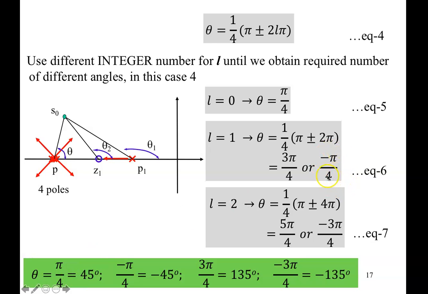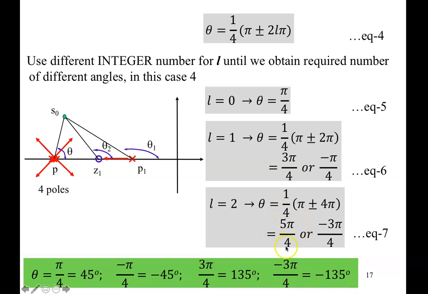I get minus pi over 4, that's minus 45 degrees. I also get 3 pi over 4, slightly less than pi, which is 135 degrees. And I also get minus 3 pi over 4, which gives me minus 135 degrees.